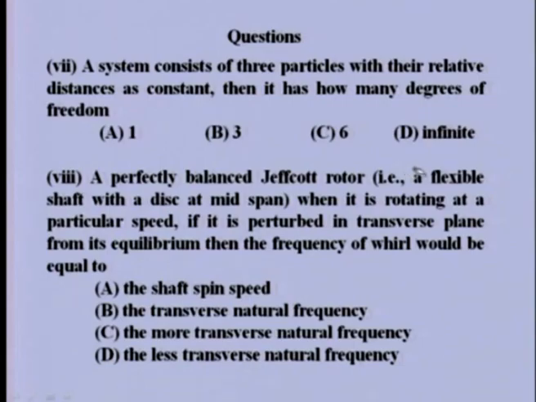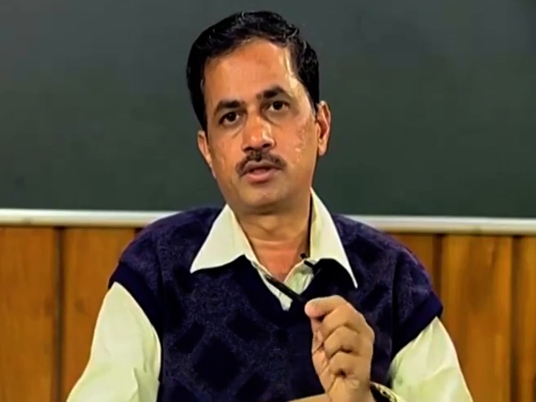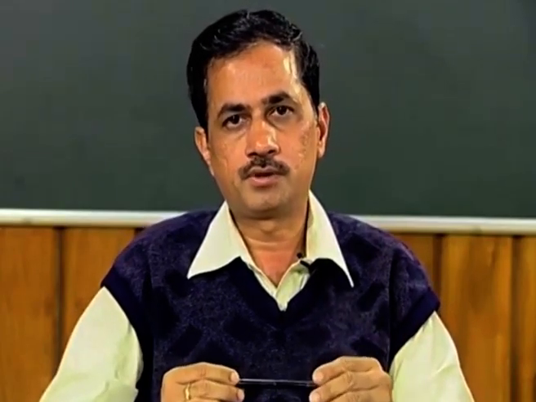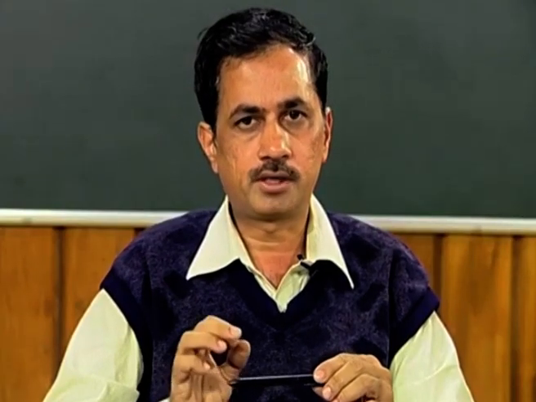A Jeffcott rotor, we already know, is a flexible shaft with a disc at mid span, with simply supported conditions at the ends of the shaft. When it is rotating at a particular speed and is perturbed in the transverse plane from its equilibrium, what would be the frequency of whirling? In this case, we are considering a Jeffcott rotor that is perfectly balanced.